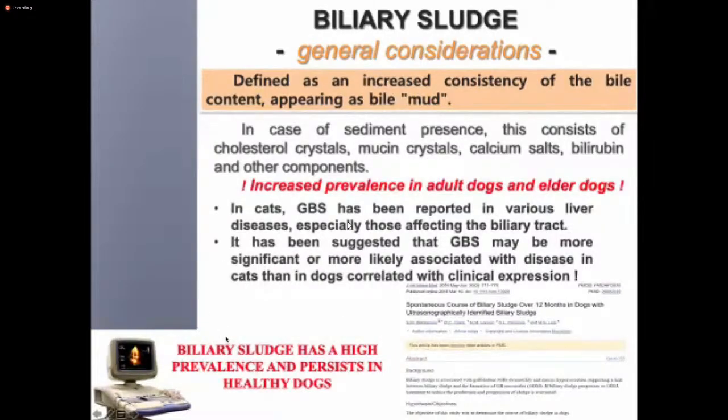Of course, biliary sludge has a very high prevalence and persists in healthy dogs. It's important, but in healthy dogs we can register this change and the presence of this bile mud, the biliary sludge, in clinically normal dogs.